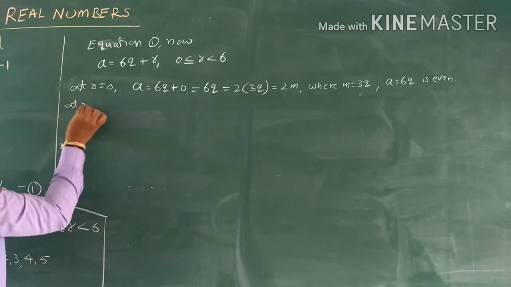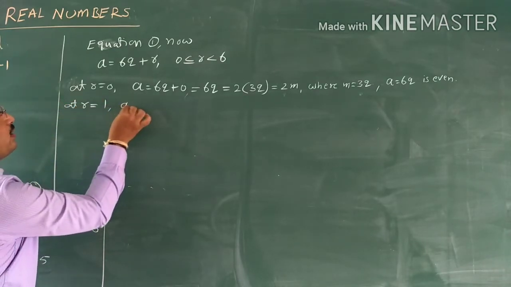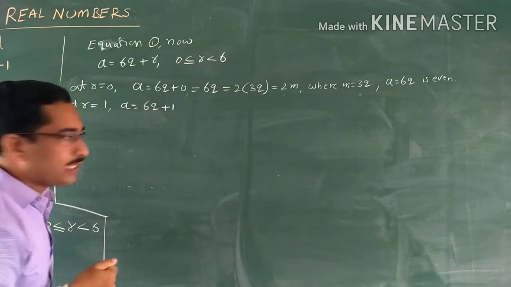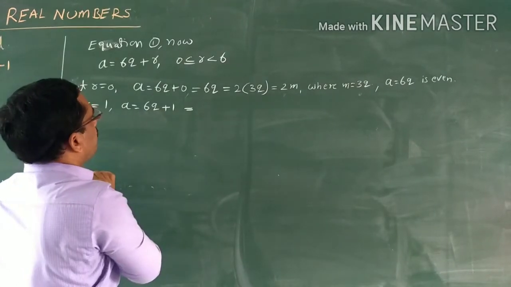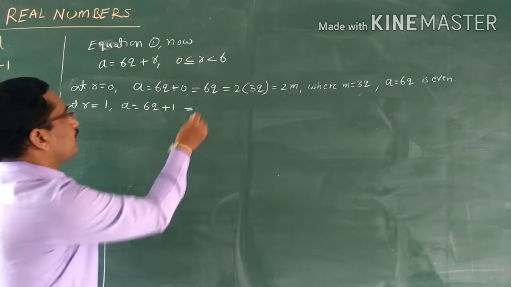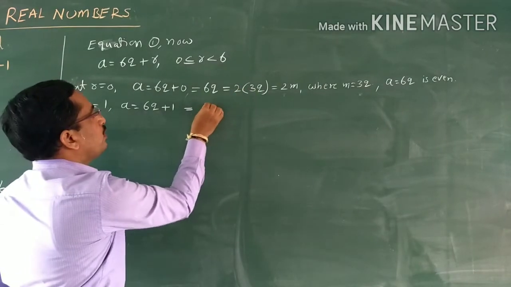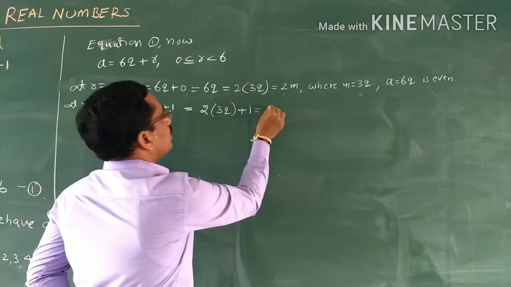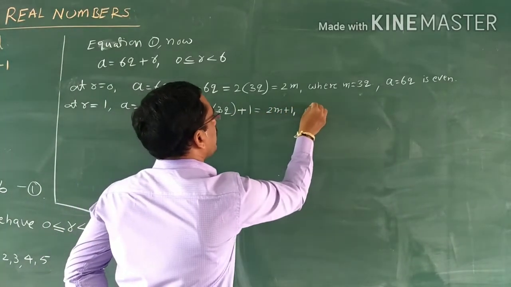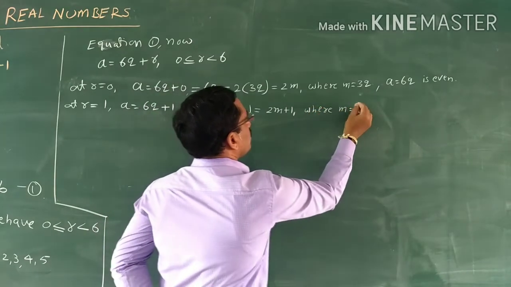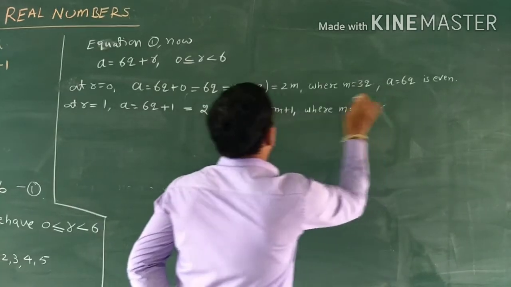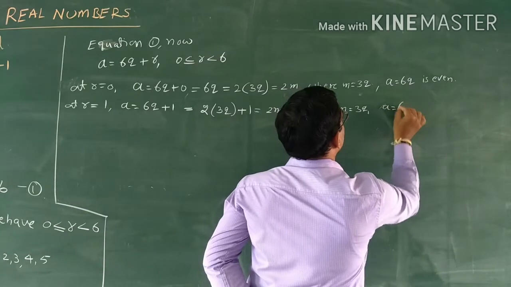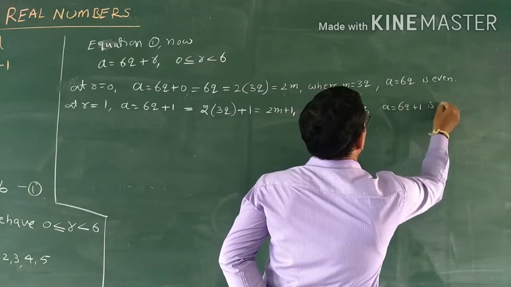Now at r equal to 1, a equal to 6q plus 1. See how to represent, again the same form, 2 into 3q, put plus 1 as it is, equal to 2m plus 1, where m equal to 3q. It is in the form of odd numbers. We represent odd numbers with 2m plus 1. So a equal to 6q plus 1 is odd.